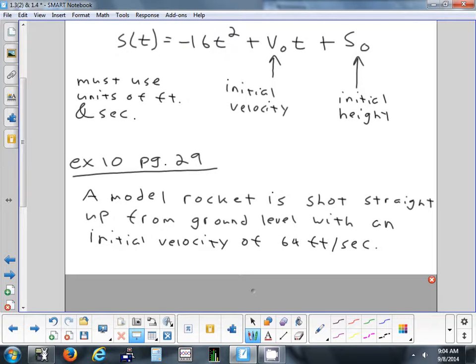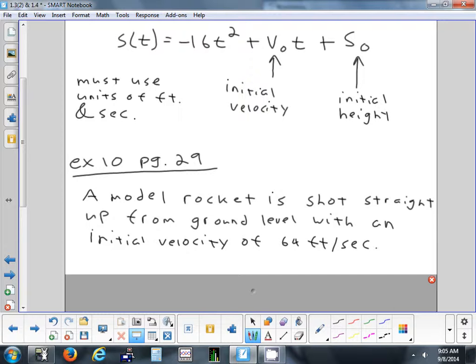Okay, so our example says a model rocket is shot straight up from the ground with an initial velocity of 64 feet per second. So if it's shot up from ground level, what's the initial height? Yeah, 0.